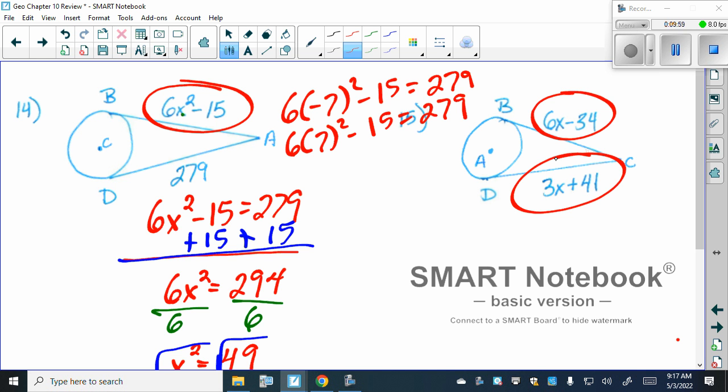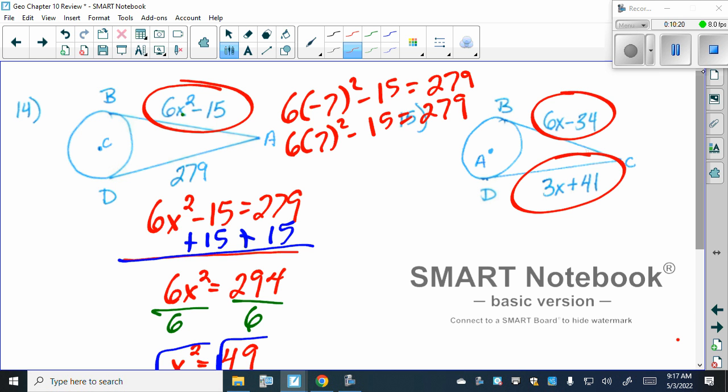Most likely, yes. So for these types like this here, where they're just set equal to each other and solve, if there's a square, we're going to need the plus or minus. If you're not sure, go on and add the plus or minus, and then check both, like we did here.